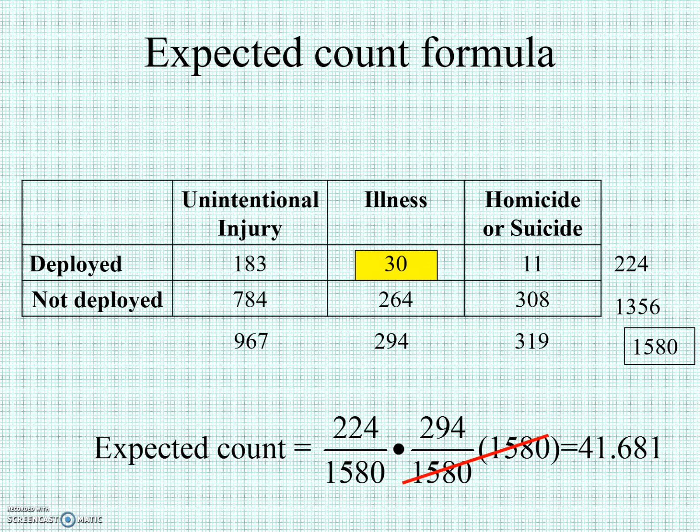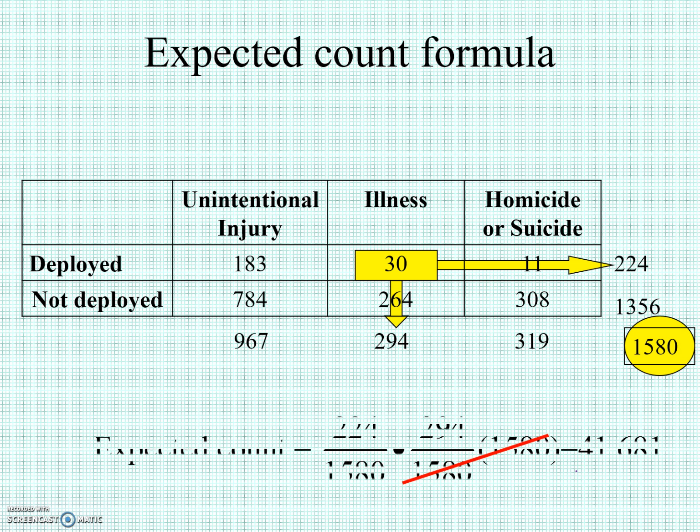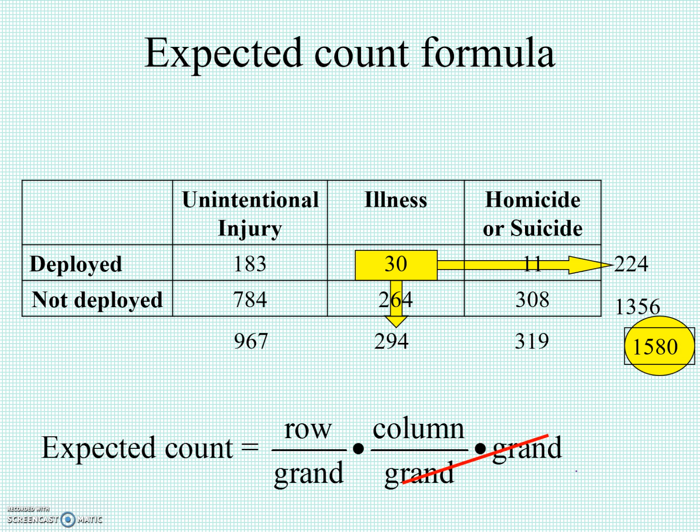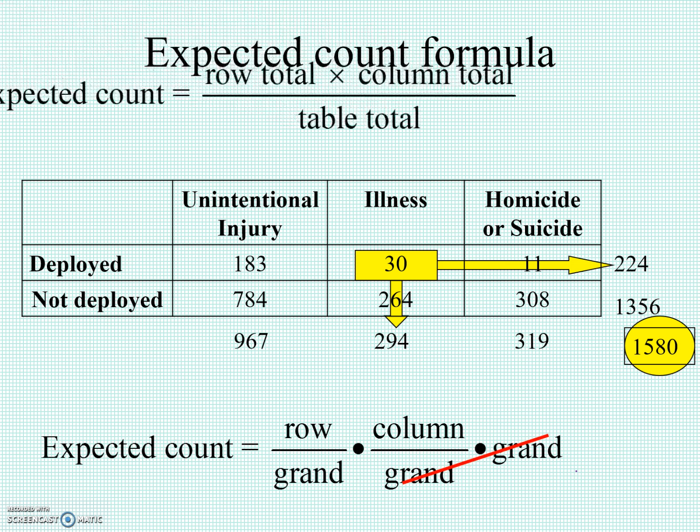You could multiply your row total times your column total over your grand total, and that will also give you your expected count. So here's our formula. There's the animation: row total, column total, grand total, and that gives you your expected count.